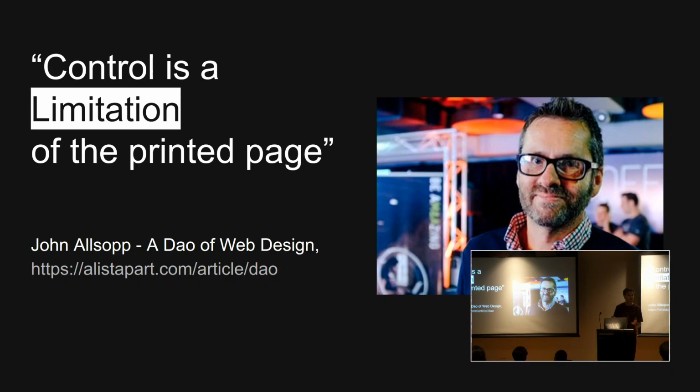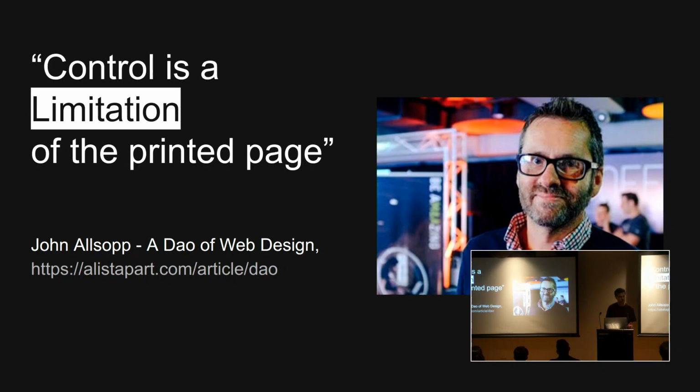An A4 page is A4 size. You can't zoom in on a page that you're holding up, a piece of paper. You need a magnifying glass, or you need to pull it closer to you. Whereas on the web, you can zoom in, you can increase text size. There are all these accessibility options. So control is a limitation of the printed page.